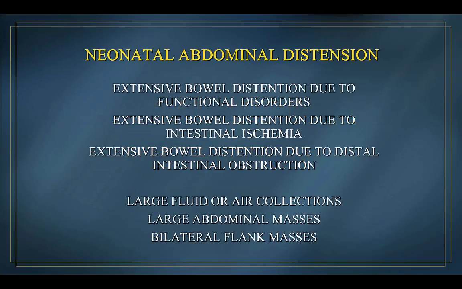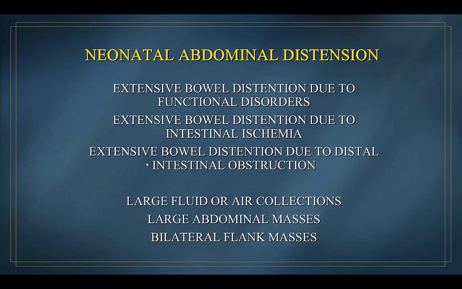Neonatal abdominal distension, there are really very few causes for it. The most common causes, the top three: most often, it's extensive bowel distension due to functional disorders. And second most common is diffuse bowel distension due to intestinal ischemia, and I'm pretty much exclusively talking about necrotizing enterocolitis.